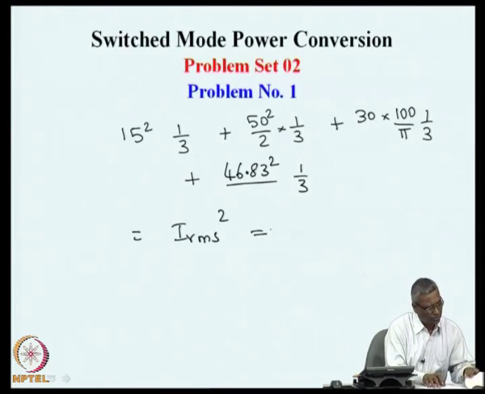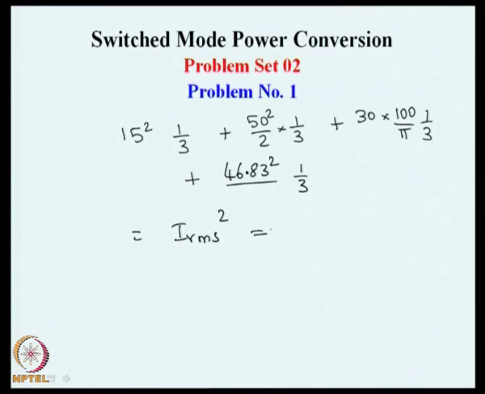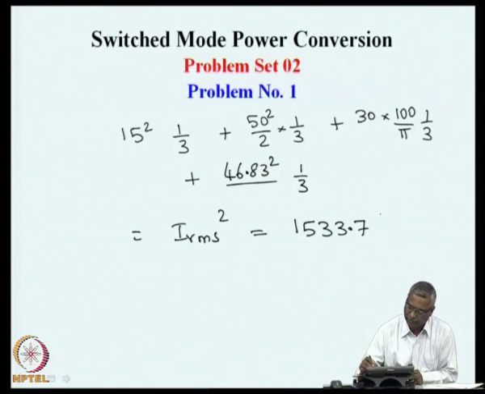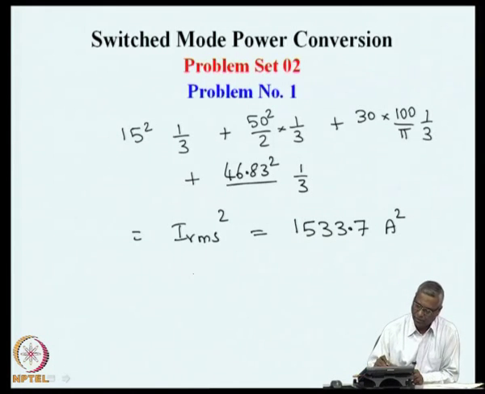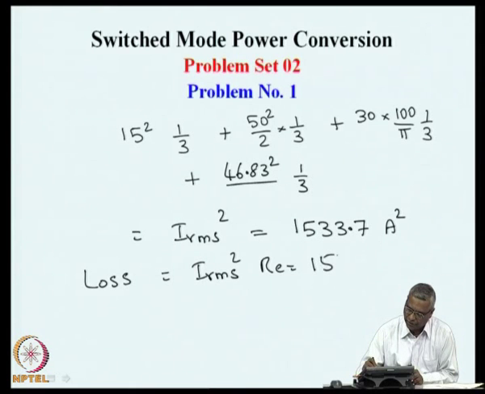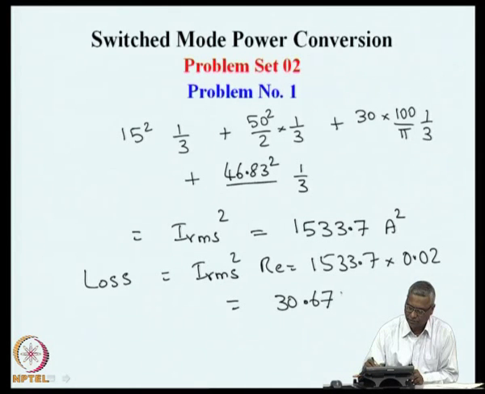This turns out to be 1533.7 ampere square. So, the loss is I Rms square into RC, which is 1533.7 multiplied by 0.02, which is 30.67 watts.